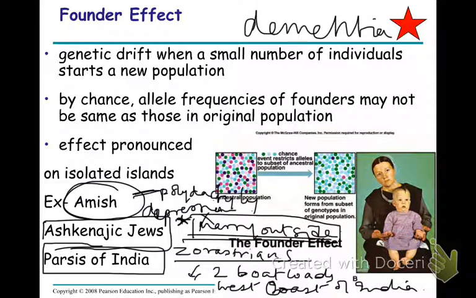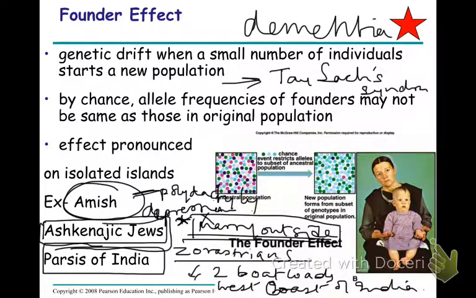So a particular disease called Tay-Sachs syndrome stayed fixed, in the sense it's very common for people from this community to have children suffering from this disorder, because many of them carry this recessive gene, and if two carriers meet, the likelihood of them having a baby with both recessive genes is higher.